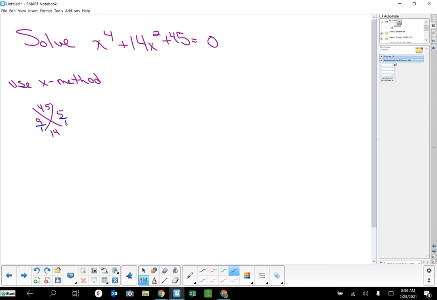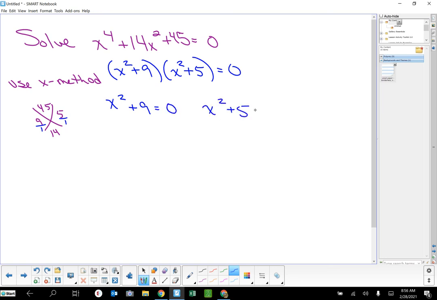In this case, it doesn't matter. Now, because this is an x to the 4th and this is x squared, these need to be x squared plus 9 and x squared plus 5 equals 0. Set each factor equal to 0. And then you have x squared equals negative 9. Take the root, and you get x equals plus and minus 3i.